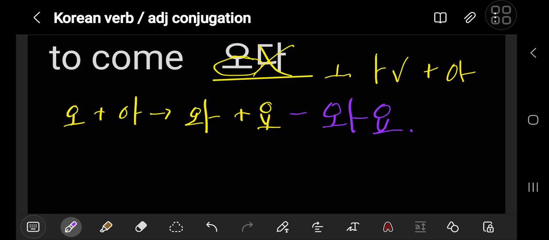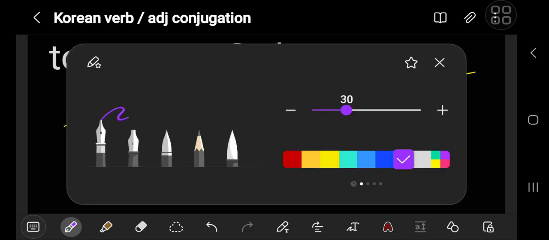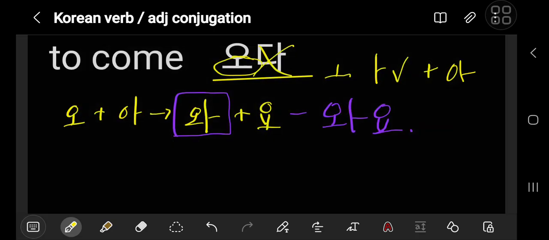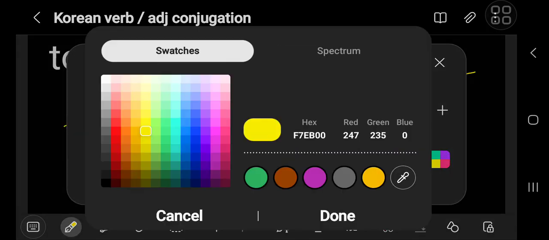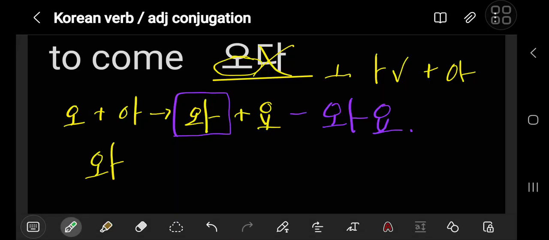Okay, so we take our conjugated form, and now we're going to make our past tense. So let's first get back to our wa. So here's our conjugated form, and then to do our past from this, we just add in our past 쌍시옷, the two 시옷.